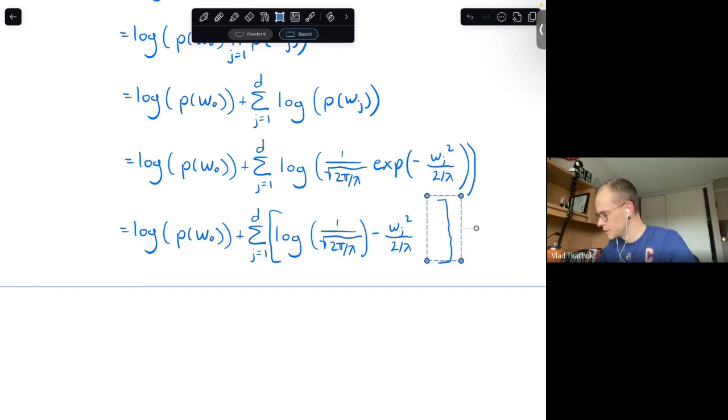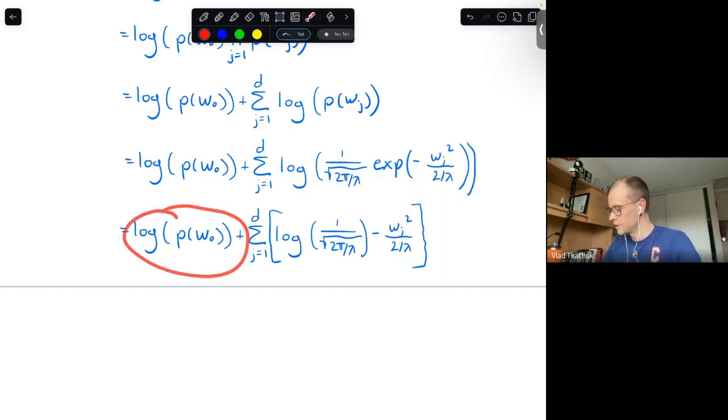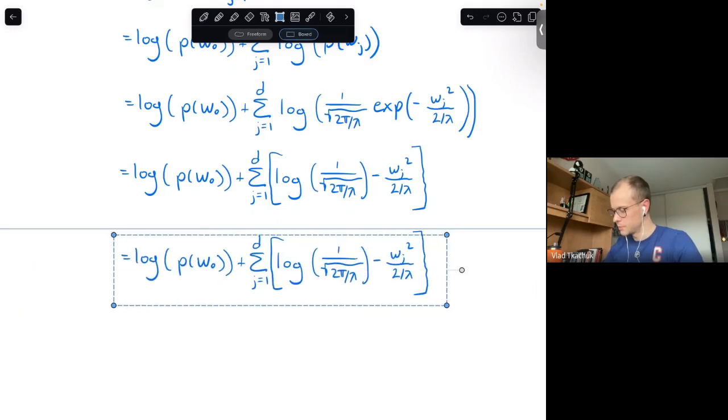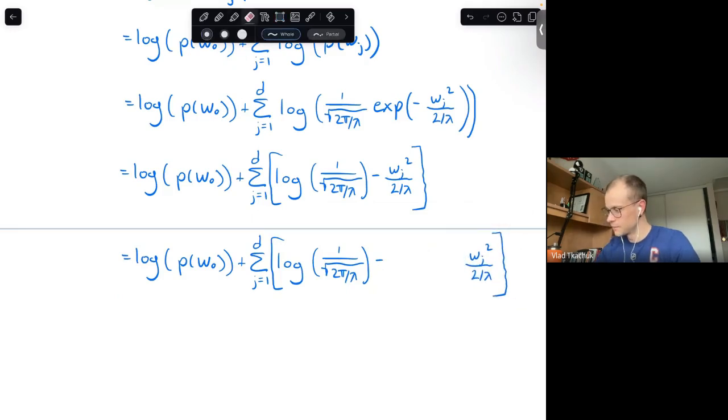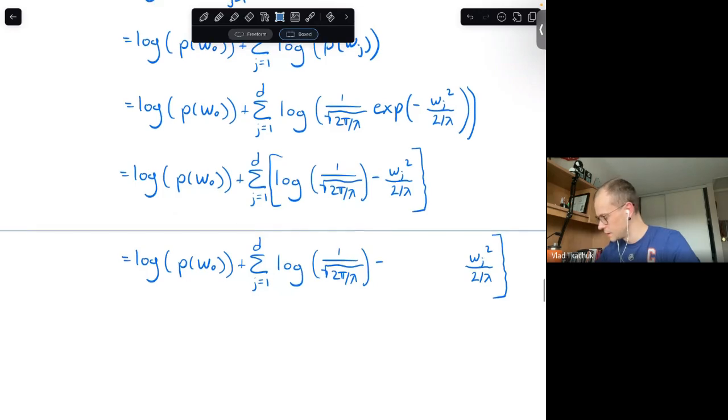Okay. And I'm going to do one more thing to just emphasize the fact that there are 3 terms here. So there's this term, there's a sum over this term, and then there's a sum over this term. Because when we plug it into the optimization problem, we will find that it's nice to see it as these 3 kinds of terms you're dealing with. So all I do is I take this sum and add it here as well.